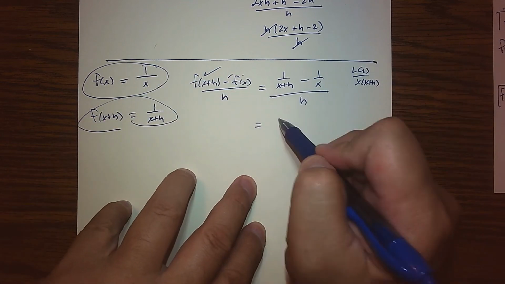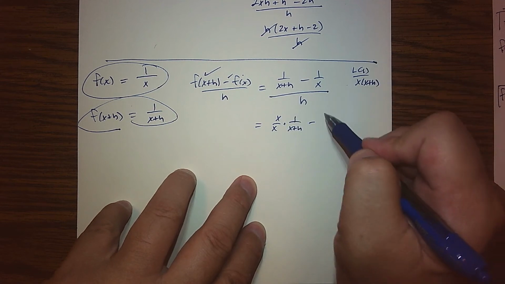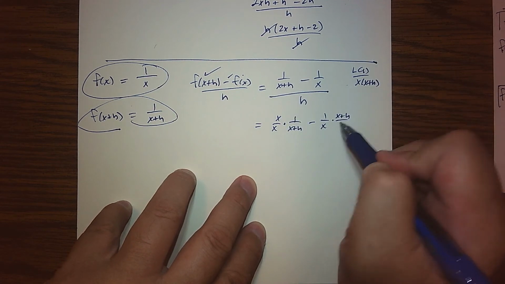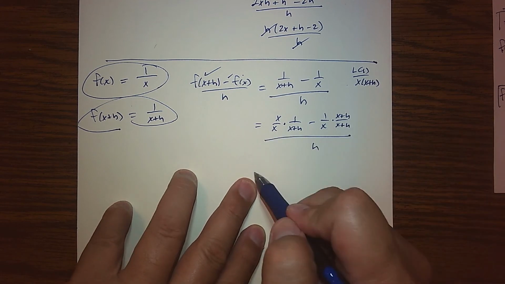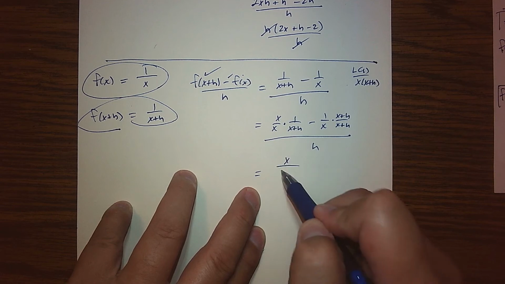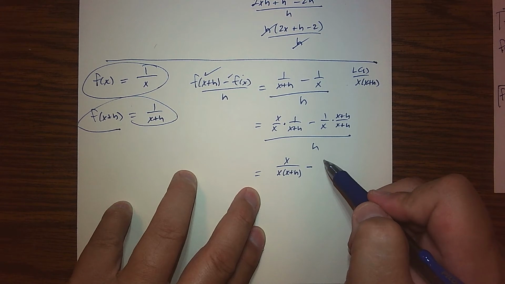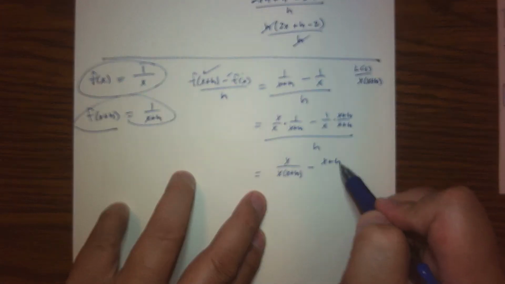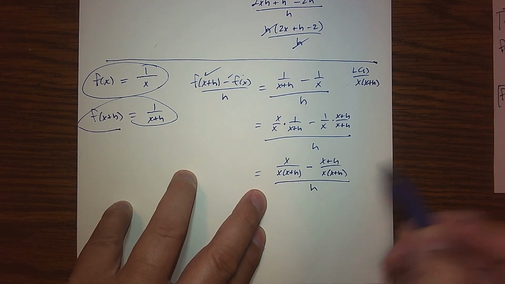So cleaning, we got x times x for the first one. And for this next one, we need x plus h, x plus h. And of course, this is still all over h. Nice and fun. So here we get x over x, x plus h, minus x plus h all over x, x plus h, all over h.